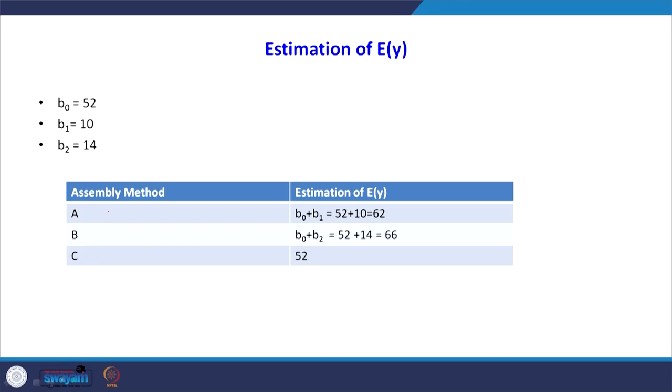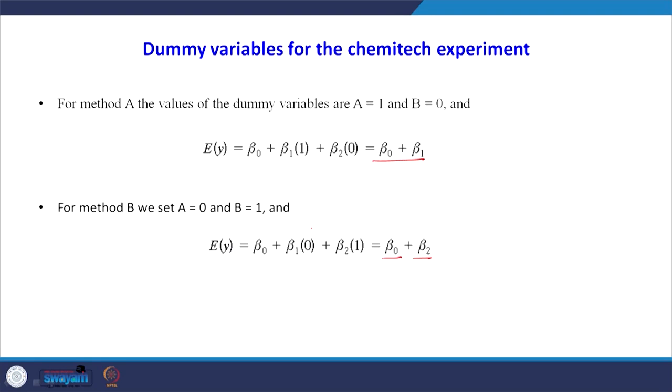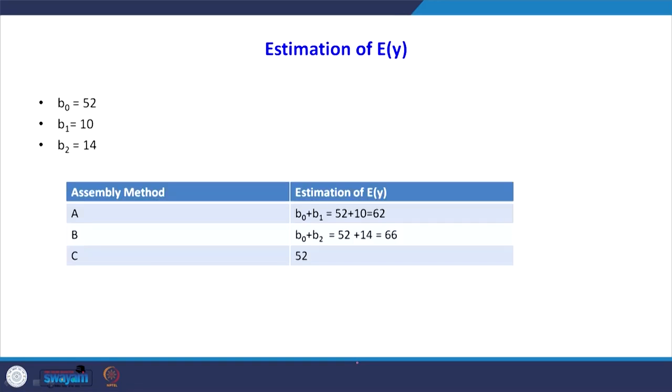If we want to know the estimated value of y for assembly method A, you have to refer to b0 plus b1. Look at this: beta 0 plus beta 1, we know beta 0 is 52, b1 is 10, so the total is 62.